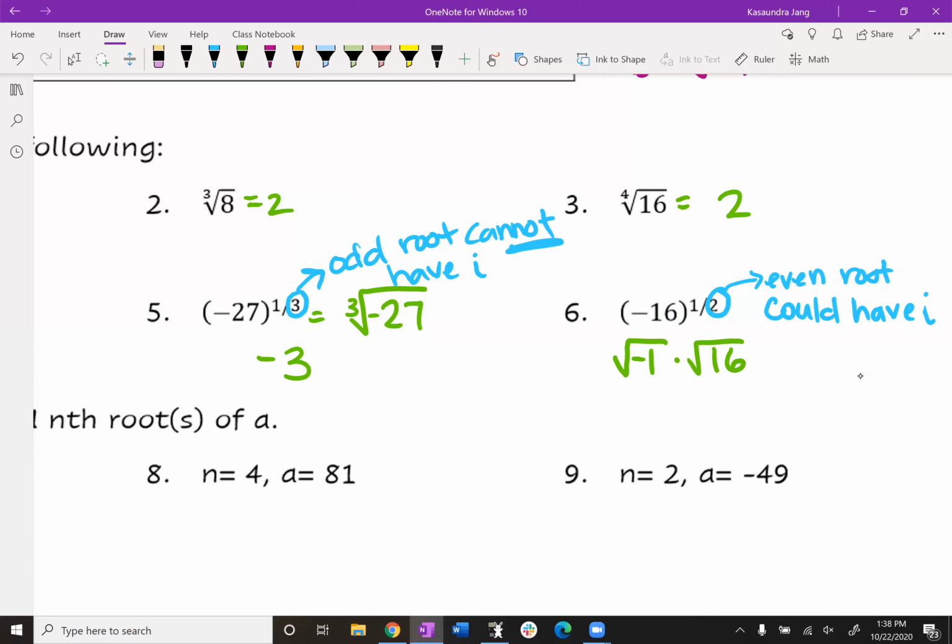I'm just going to take their individual square roots here. The square root of -1, that's defined as the imaginary number, so there's the i. The square root of 16 is 4, and I usually write the number first, 4i. All right. So that one had an imaginary. Number 5 did not have an imaginary. Any questions on my imaginaries?